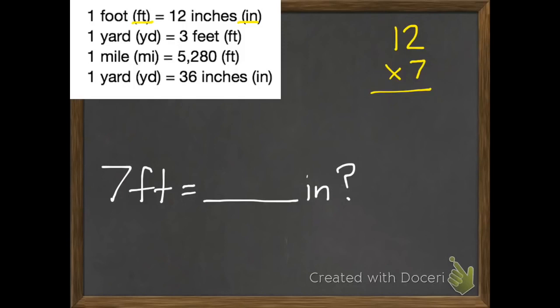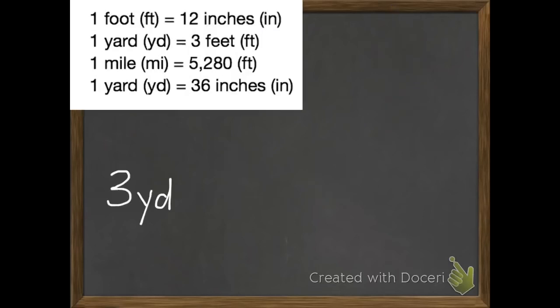I'll give you a second to figure out what 12 times 7 is, and then you can check to see if you got it right. Okay, it's 84.